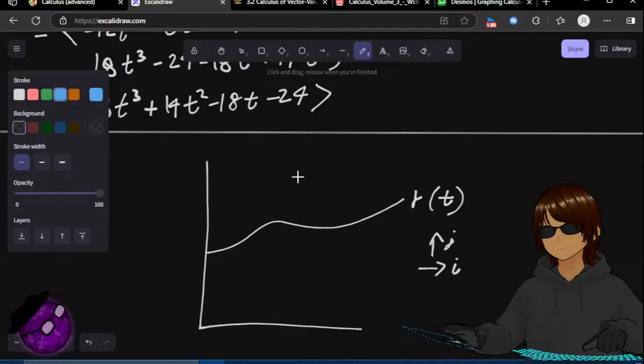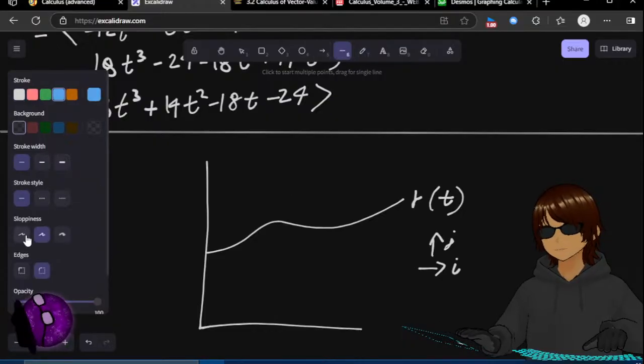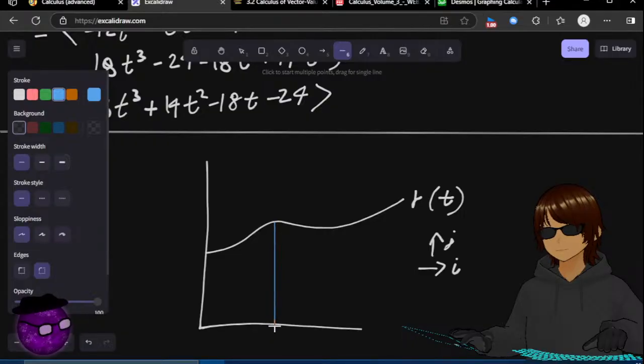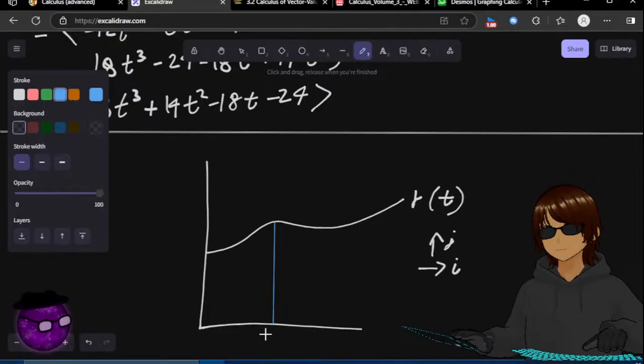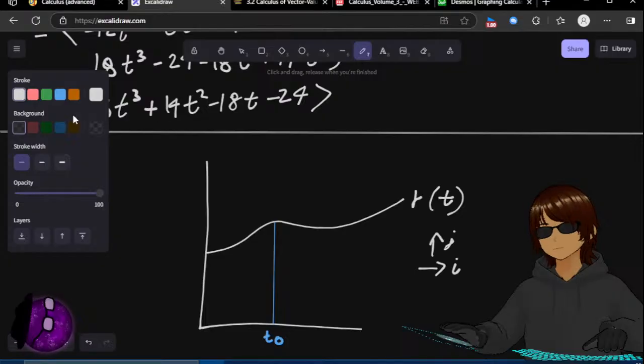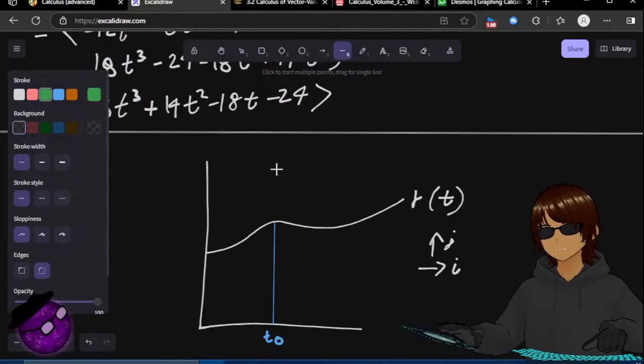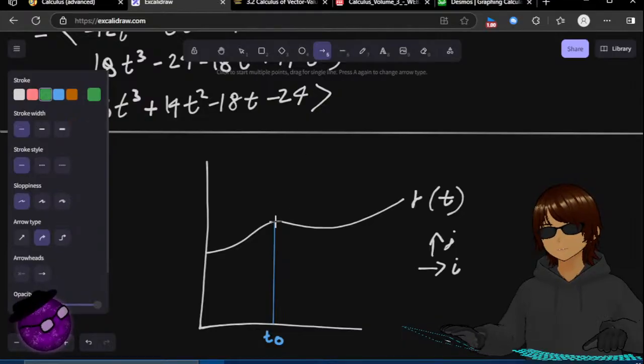so we have t naught and then, how do I draw an arrow?